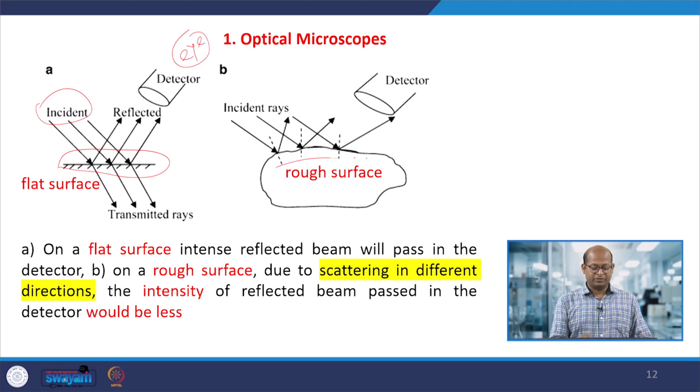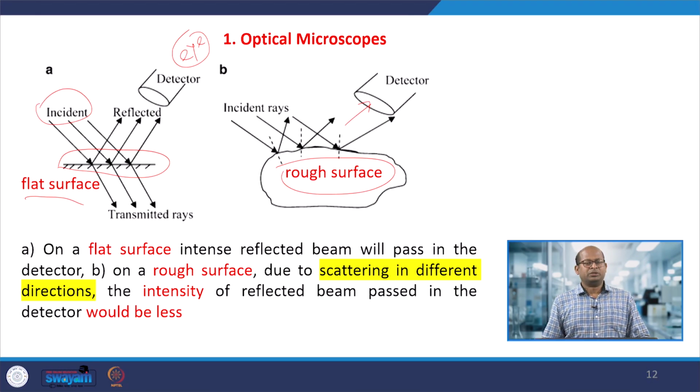When it is a rough surface, the incident light rays that fall on the surface are diffracted or scattered, and the light quantity is very low. So very little light comes here, and detection is not good. That is the nature of the surface of the material, whether it is flat or rough, which depends on the nature of the material.